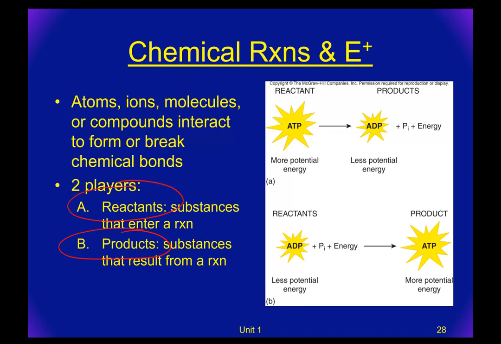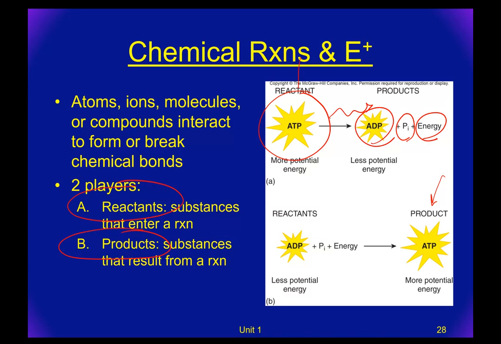So here's my arrow showing my chemical reaction. If I am before that arrow, I am a reactant. If I am after that arrow, I am a product. And if you look at both of these chemical reactions, they are the same reaction. It's just going in reverse, basically. I have ATP, I'm breaking it down into ADP, phosphate, and energy.